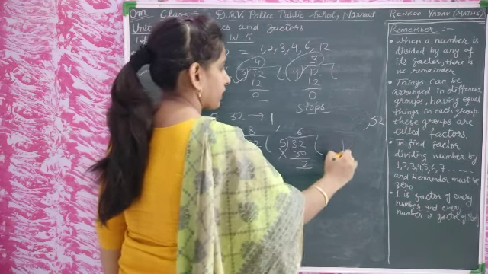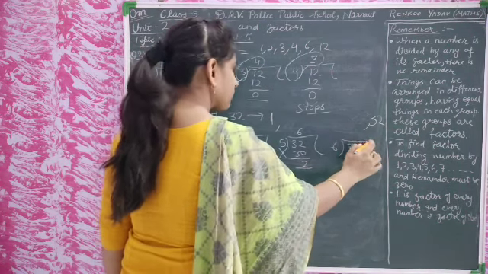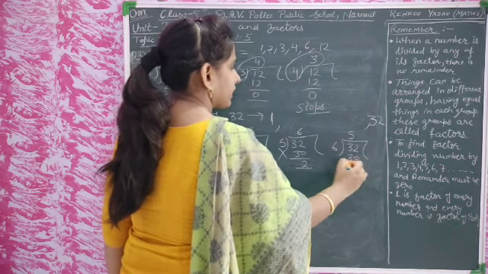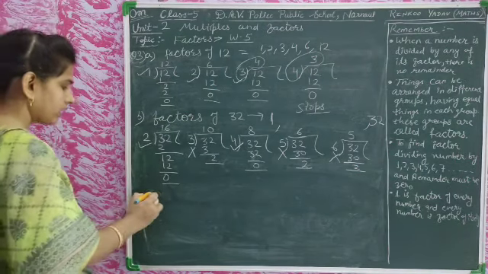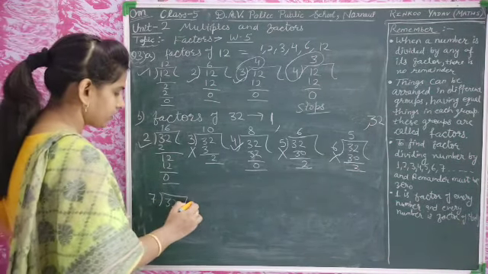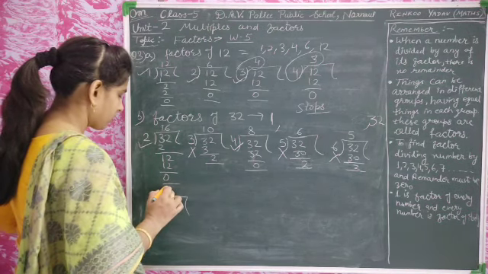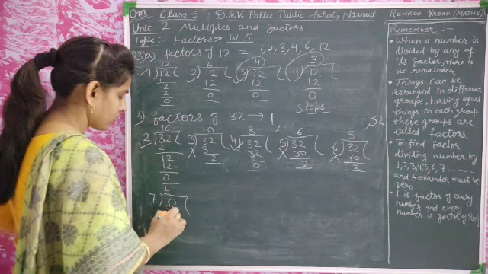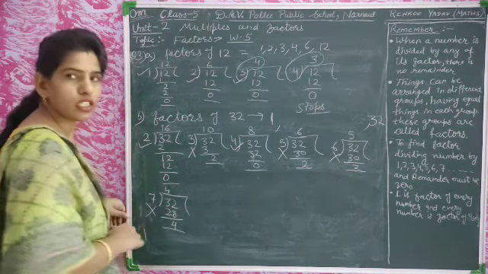Now dividing by 6. 6 fives are 30. The remainder is 2. It is also not a factor. Dividing by 7. 7 fours are 28. The remainder is 4. It will not be a factor.